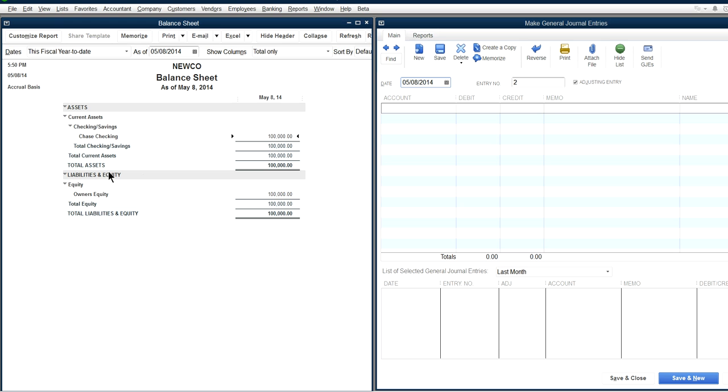At this point you don't have any liabilities, so it's blank in here. Liabilities is like you borrow money or you owe money to somebody, some vendor or suppliers. That's your liability. And equity is the money you put in. So in this case, you have a $100,000 bank account and $100,000 of equity.